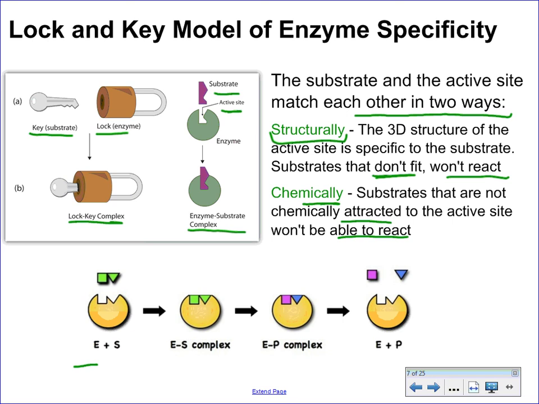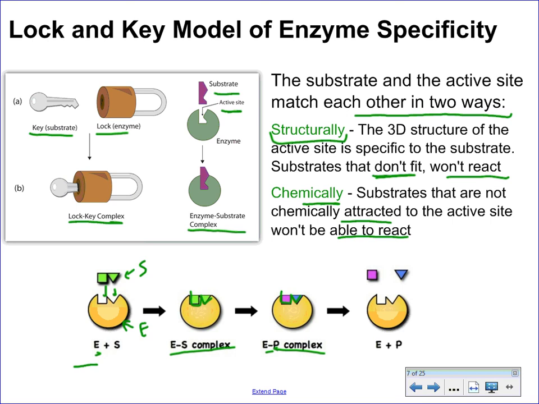So here we have the enzyme, and we have the substrates. This is the E, this is the S. The substrate fits into the active site, or is specific for that active site, forming an enzyme substrate complex. The reaction occurs where that substrate is turned into a new product, and we now have an enzyme product complex.